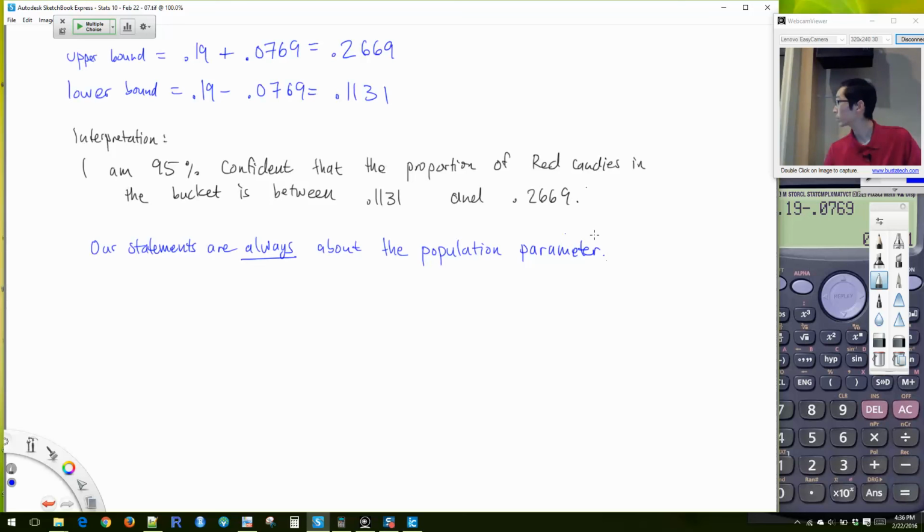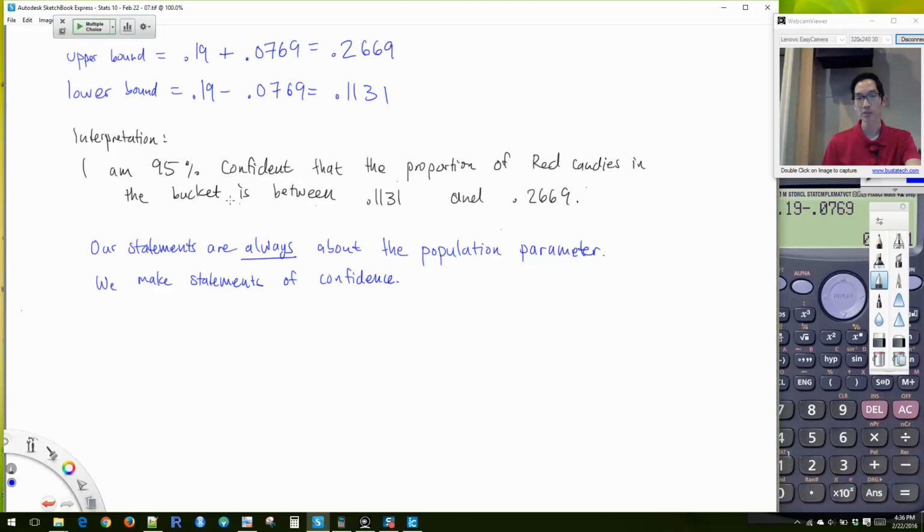So we're making statements about the population parameter. We make statements of confidence. All right, so maybe I'll give you a series of true-false questions on whether or not this is a valid interpretation of our resulting confidence interval.